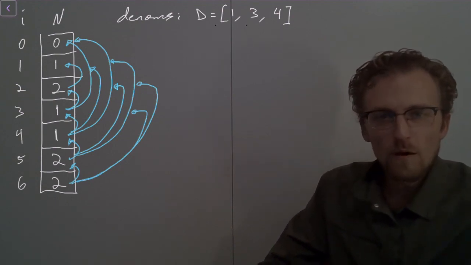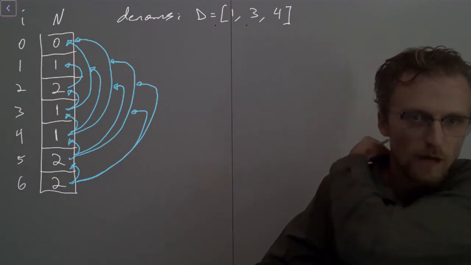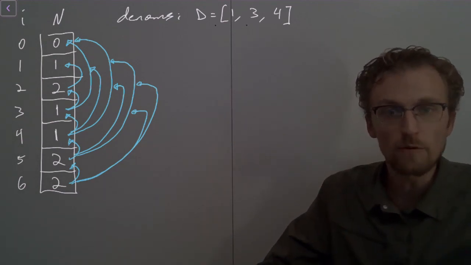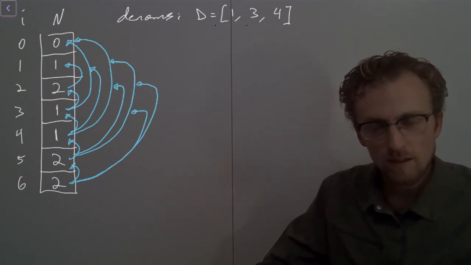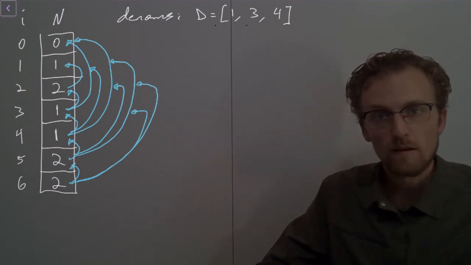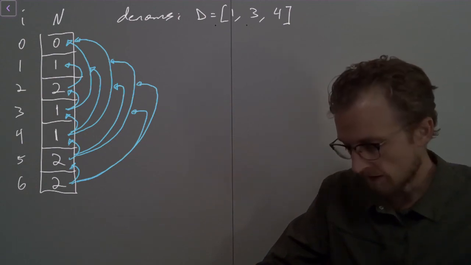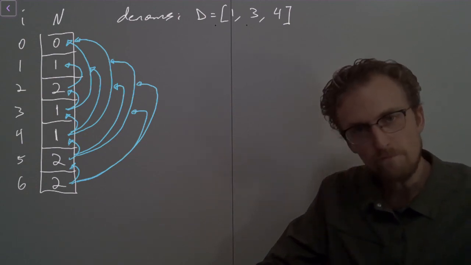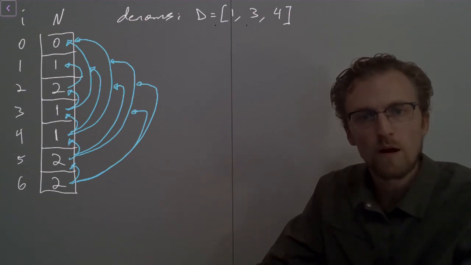And so one approach we could take is we could say, well, instead of solving every single subproblem, starting at 0 and working our way up, what if we started at 6? When we're sitting at 6, like we see where the arrows are pointing, we can identify which subproblems need to be solved to find the answer for 6. So why don't we start at 6 and then start solving the subproblems from there?